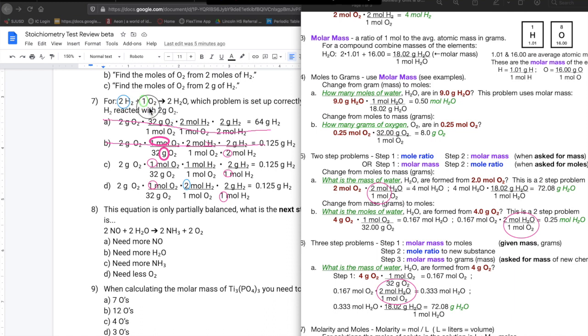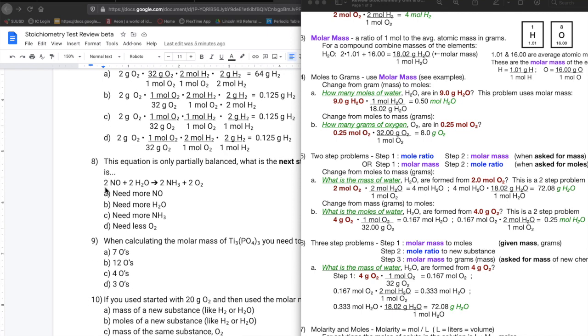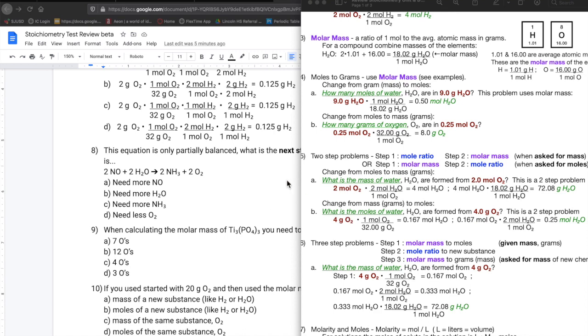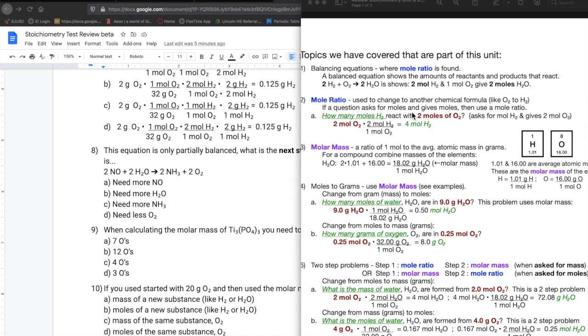Sorry, that actually took too long to talk about. But here there's no 2. So you have to go through this kind of problem much more slowly to make sure that you're getting it. And notice I didn't use the mole roadmap for this. I could have used the notes up here on what is a mole ratio, and it tells you how to do a mole ratio.